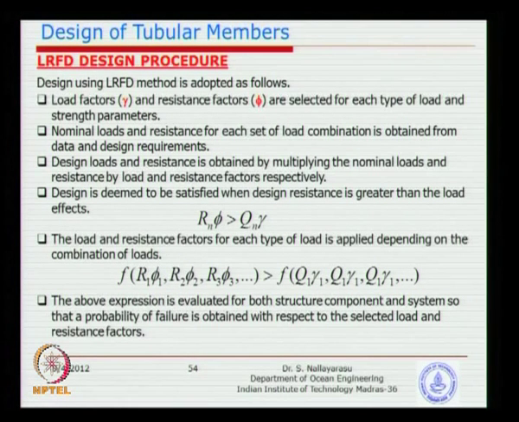Fortunately, we can have variable factors for each one of them, and also the factor of safety is not one global factor of safety. Basically, you can have individual partial factors. That is why sometimes we call it partial load and resistance factors, or sometimes partial safety factors. Either way, what we have is the multiplication factors for both resistance as well as the load effects.